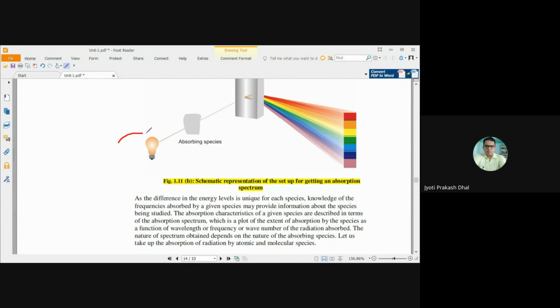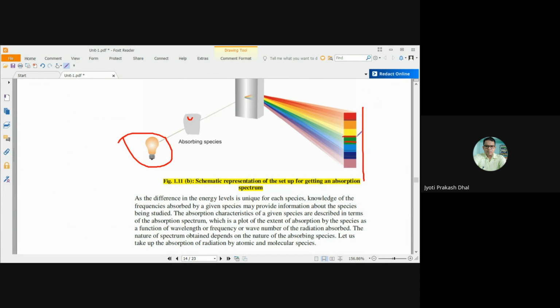But when the same electromagnetic radiation is passed through some absorbing species, that means through a solution of some chemical compound, then according to the nature of the compound, it can absorb two or three radiations of particular wavelengths, matching its characteristics. After the radiation passes through the prism, in this spectrum you can see some black lines.